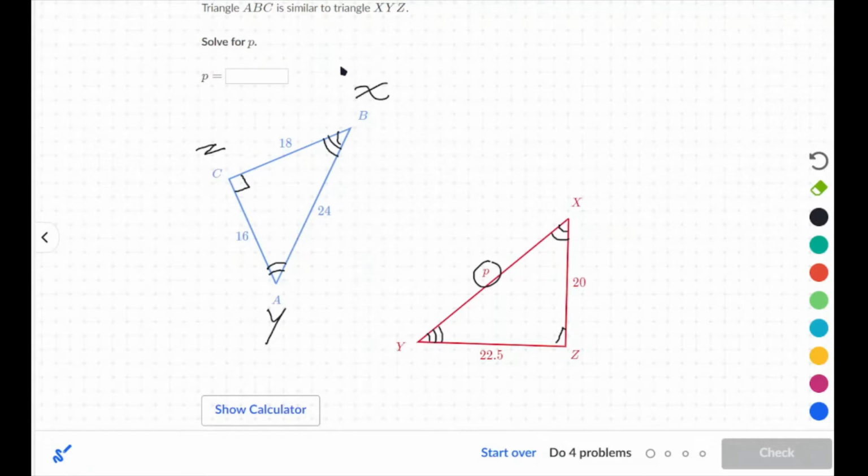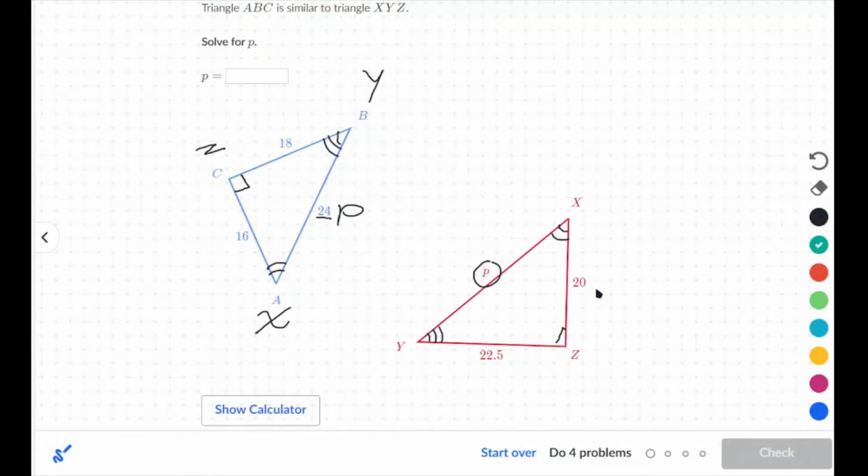Oh wait, sorry. Y is supposed to be right there, and X is supposed to be right there. So P is on line XY, so this is P right here. P is right next to 24.